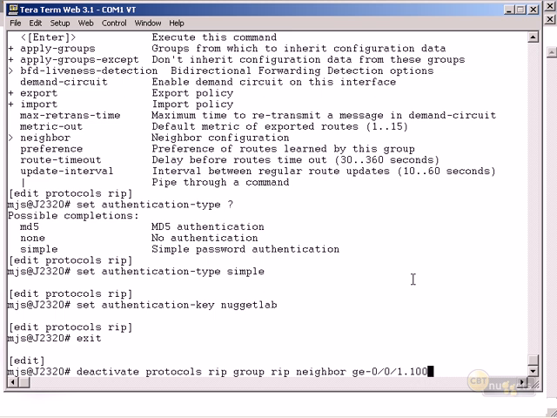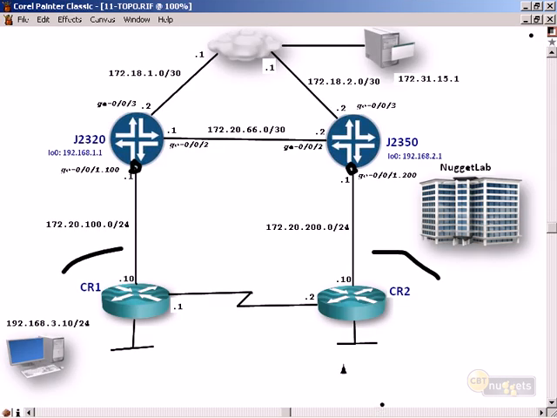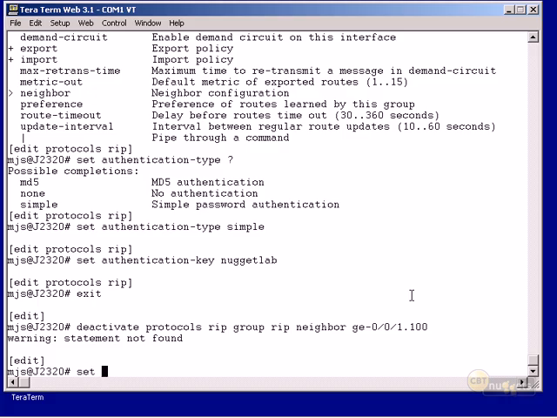Now I want to go ahead and set up my neighbor relationship on this interface right here. So I'm going to create my neighbor, which by the way is actually this interface ge-0/0/2.0. Let's do that one. So we'll set protocols rip group RIP neighbor.